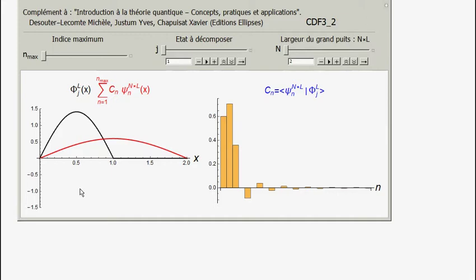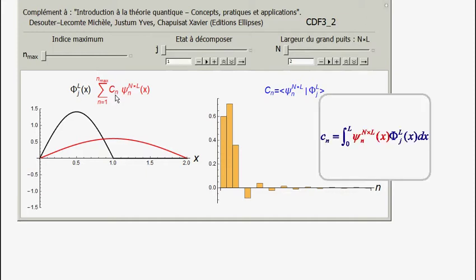It may be expressed as a linear combination of all the eigenfunctions of the new system. Here they are represented in red. The coefficients of this linear combination are the overlap integral or the dot product.